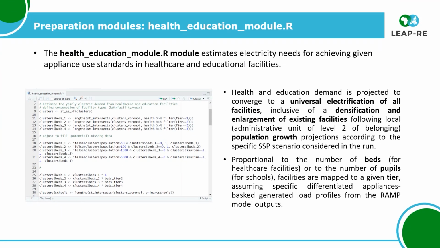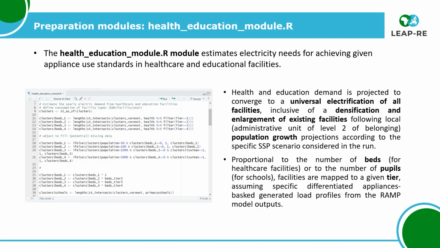The health and education modules work somehow in a similar fashion, so they refer to existing data on the spatial location of healthcare and educational facilities, which are input data to the model. And then basically they are projected to converge to a universal electrification of all facilities, inclusive of a densification and enlargement of existing facilities.